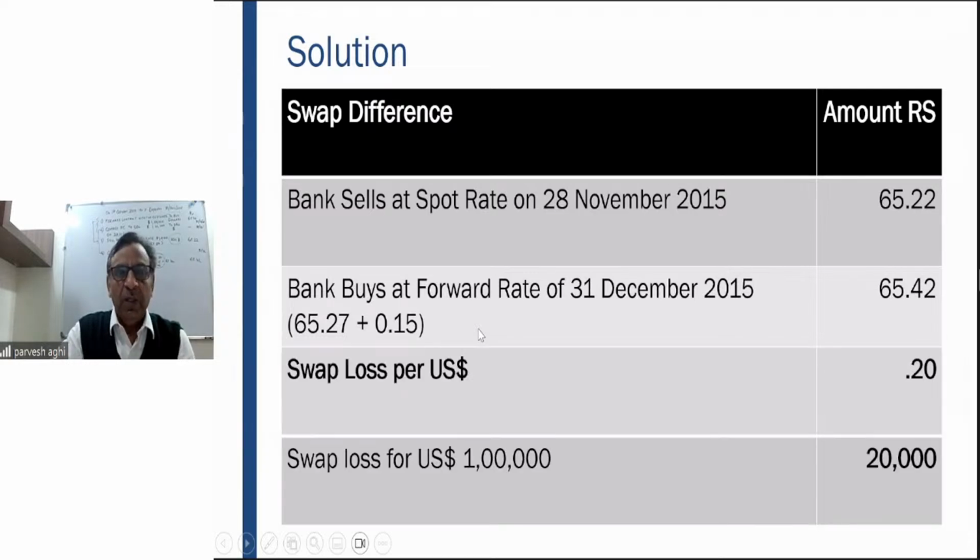So they have bought at 65.42 and sold at 65.22, which means they have suffered a loss of 0.20. So on $1 lakh, it will come to 20,000. So $1 lakh multiplied by 0.2. So this is the cost which the customer has to bear. So they'll be charging this money from the customer.